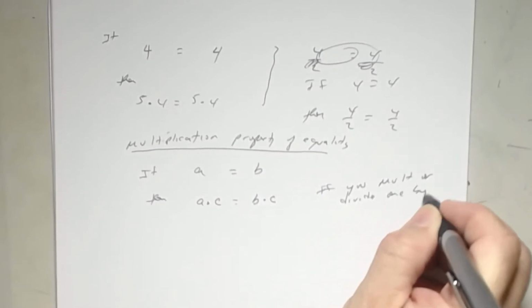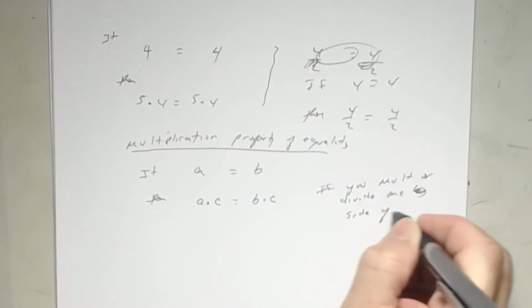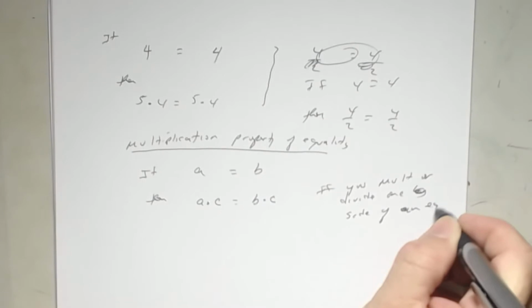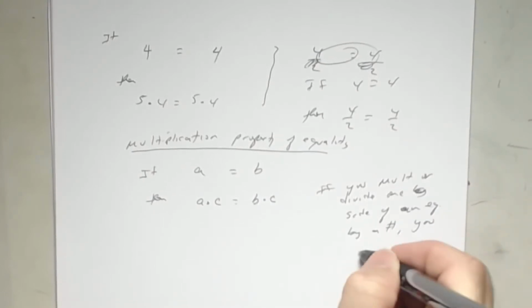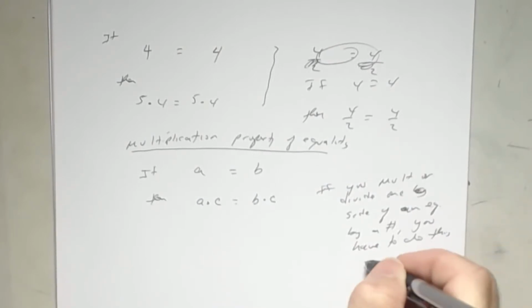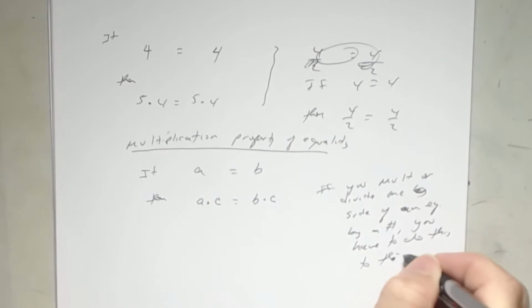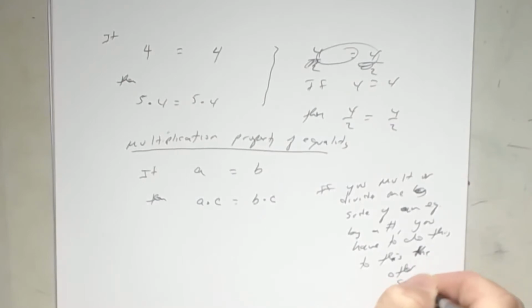So basically all it's saying is that if you multiply or divide one side of an equation by a number, you have to do it to the other side.